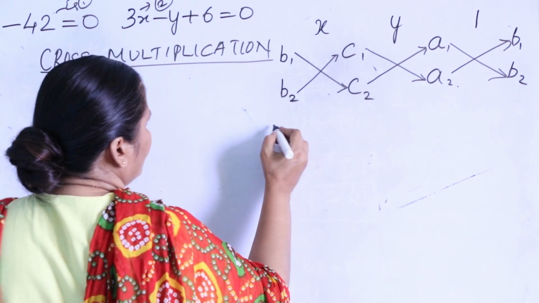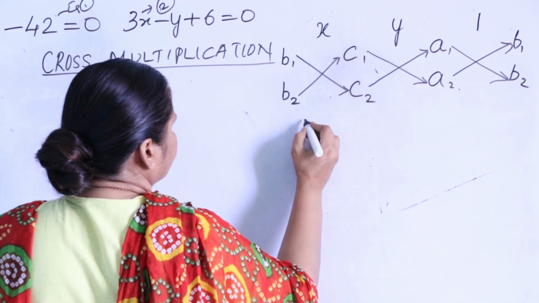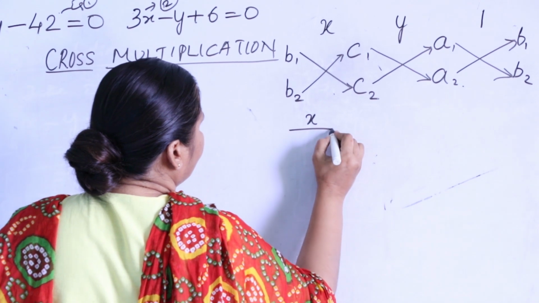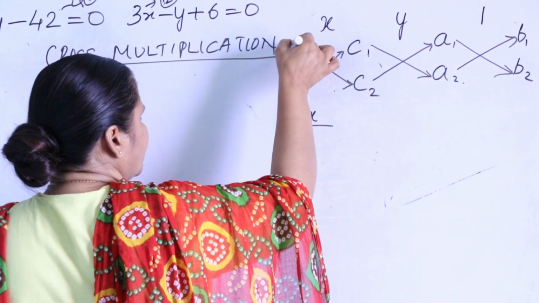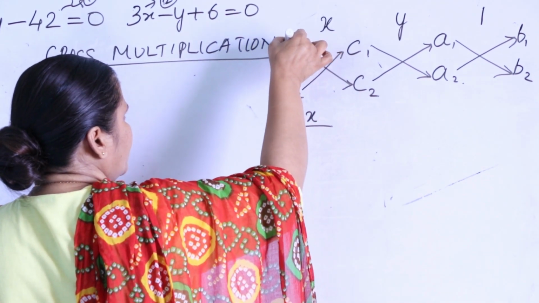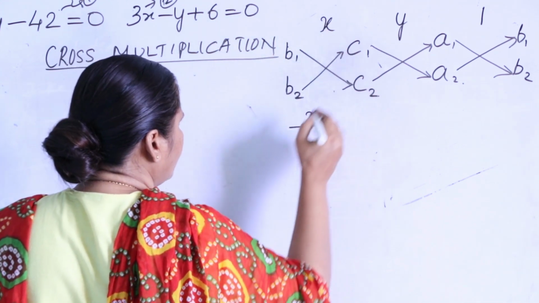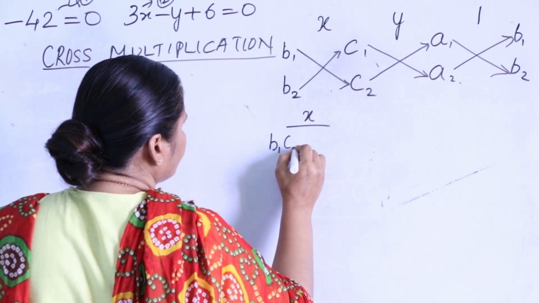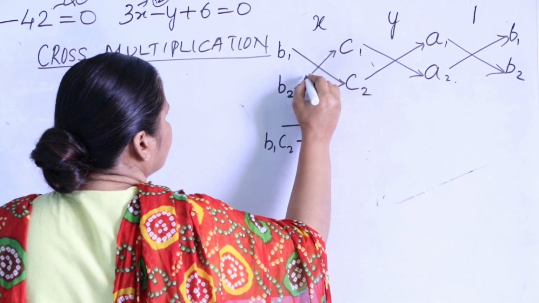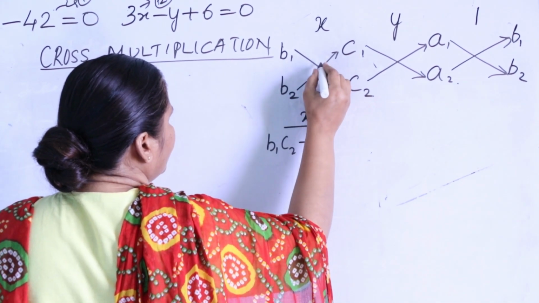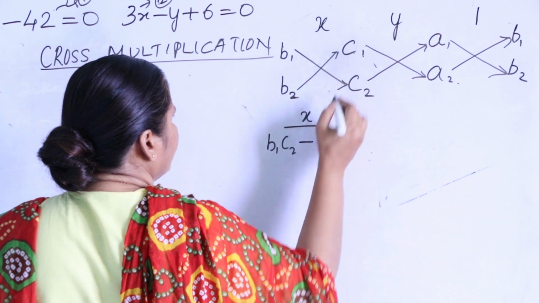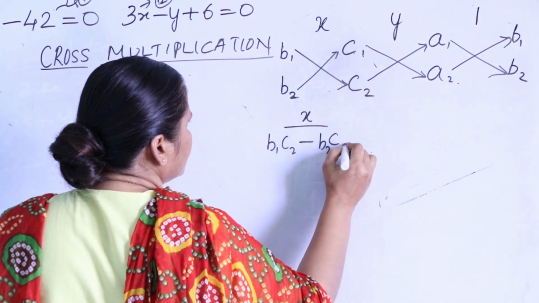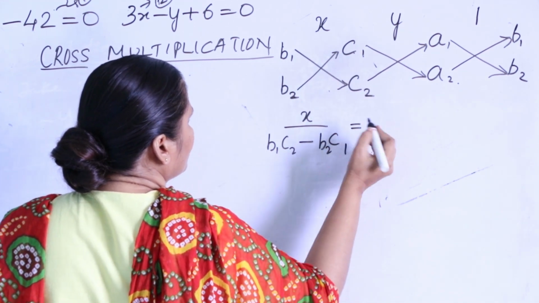Now we'll see how to write this. X divided by, in the same order. First, this is the first letter. Same order: B1, C2 minus B2, C1.